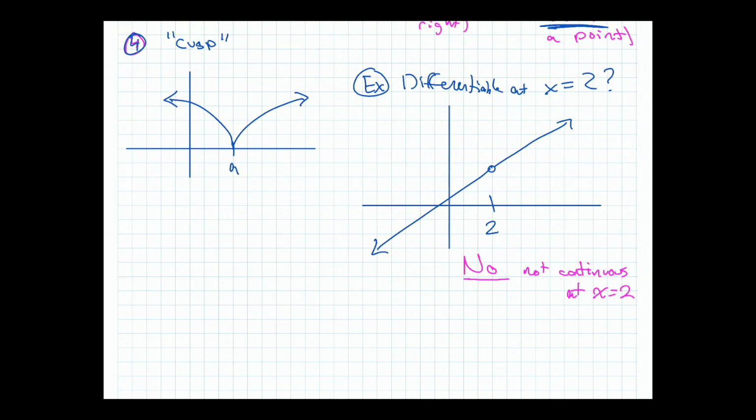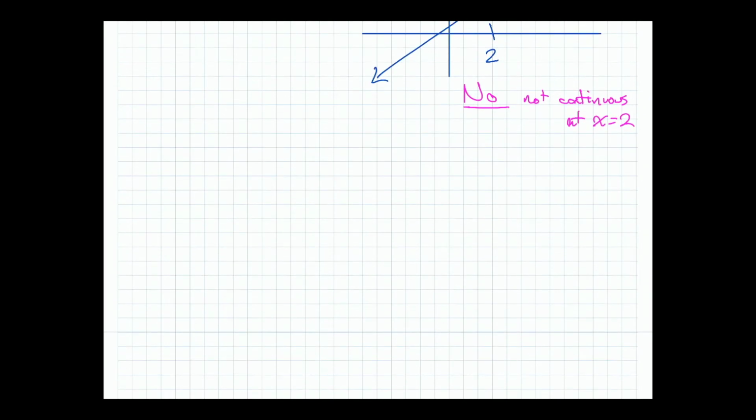One thing I will say is that you can have things like piecewise defined functions, and they're still differentiable. So here's an example of something that's differentiable.